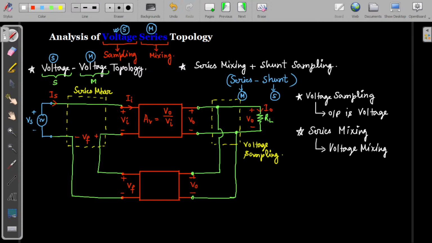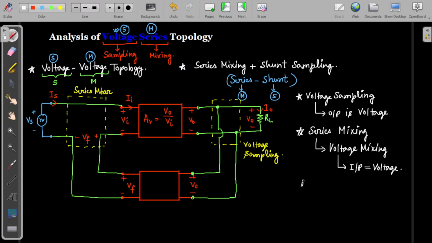So if voltage is mixing, we can say that the input parameter is also voltage. So that's why the voltage series topology connected amplifier must be a voltage amplifier.